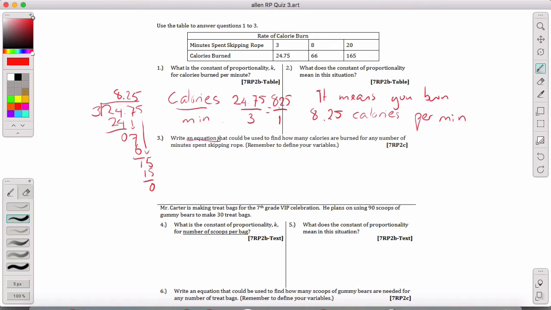Write an equation that could be used to find how many calories are burned for any number of minutes spent skipping rope.